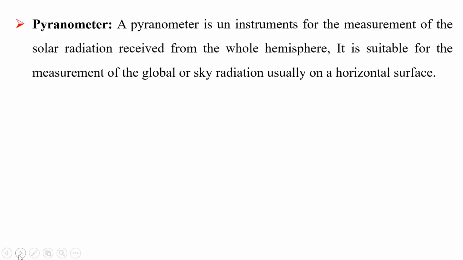Second one, pyranometer. A pyranometer is an instrument for the measurement of the solar radiation received from the whole hemisphere. It is suitable for the measurement of global or sky radiation, usually on a horizontal surface.